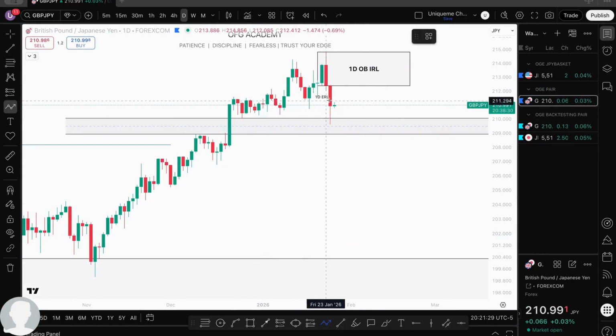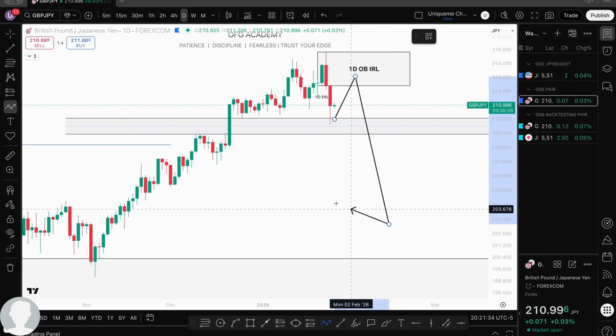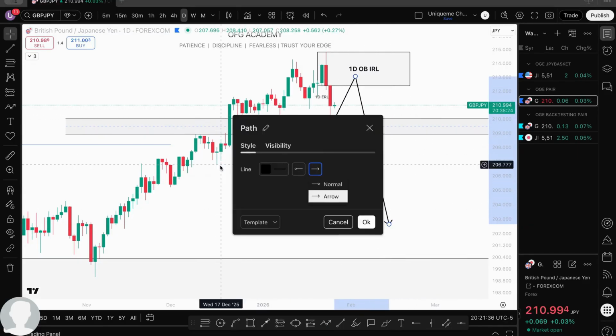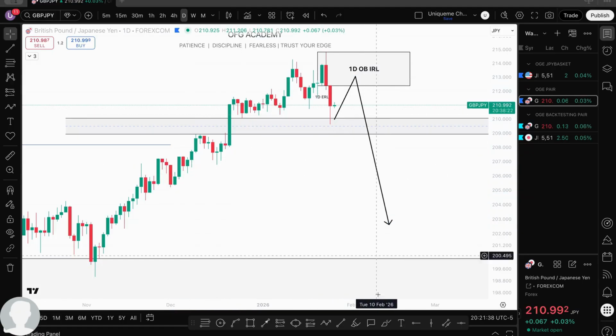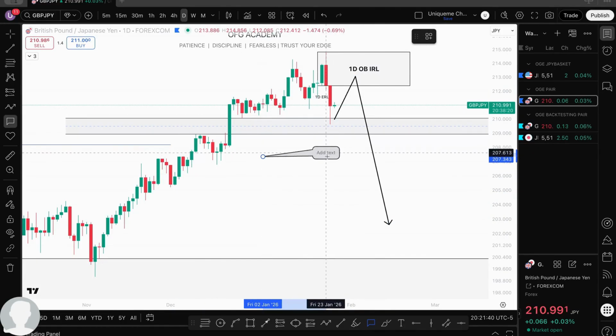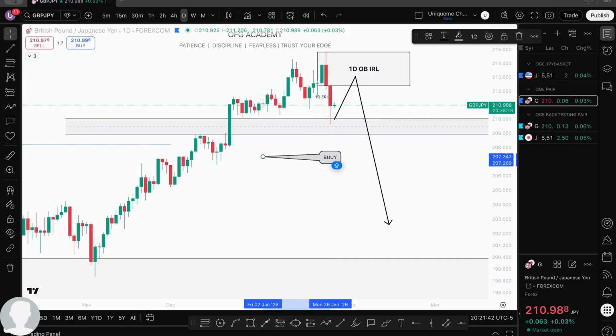So I'm expecting price to do this a little bit and keep selling because we have so much liquidity to be cleared down here.